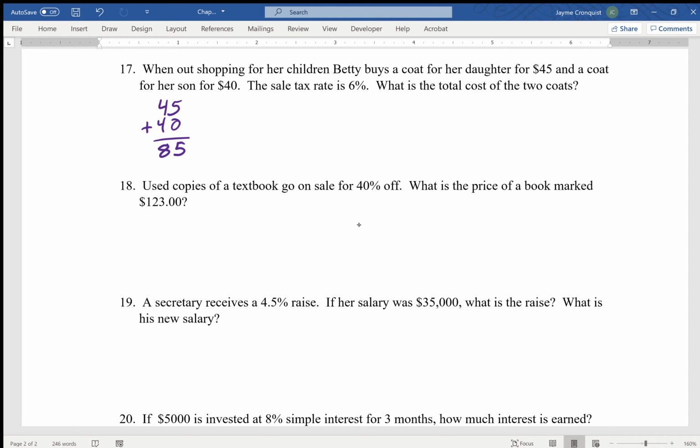So we multiply it by 0.06. 85 times 0.06, and we get 5.1. $5.10 is our tax. So 85 plus 5.10, our total merchandise plus our tax, we get $90.10, and that's going to be the total bill.